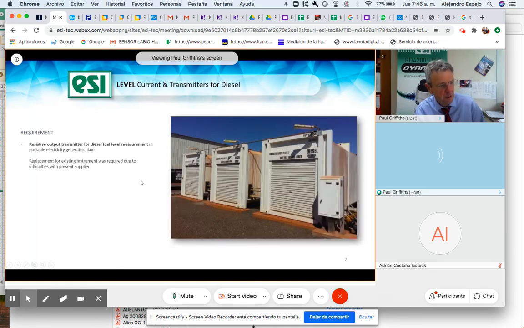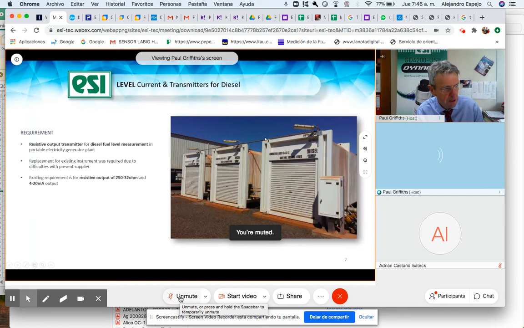So this is slightly unusual, but you can see these tanks. They are generators, and inside is a generator, and every generator has a diesel fuel tank.